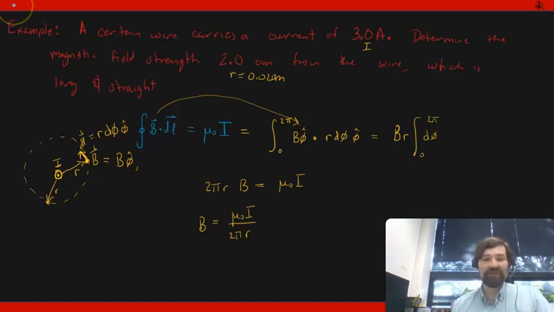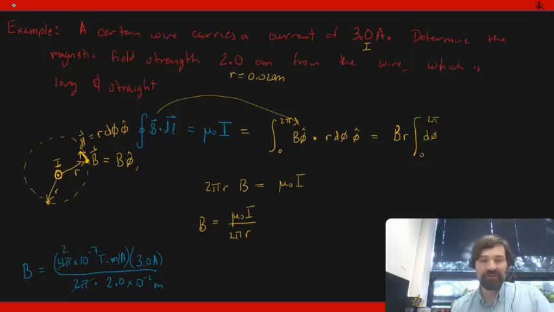Now if we want to evaluate numerically with the numbers given above, this means that B is 4 pi times 10 to the negative 7 Tesla meter per amp, that's your mu naught term, times 3.0 amps, divided by 2 pi times 2 times 10 to the negative 2 meters. So the 2 pi can cancel up here and leave me with a 2.